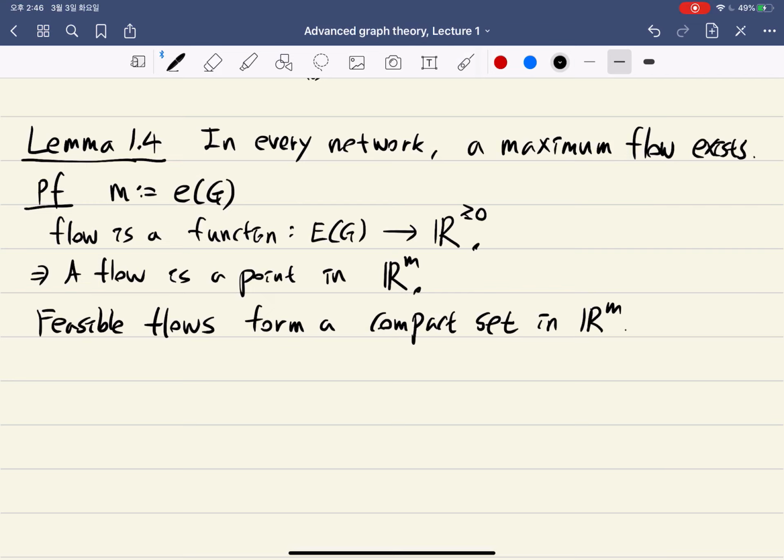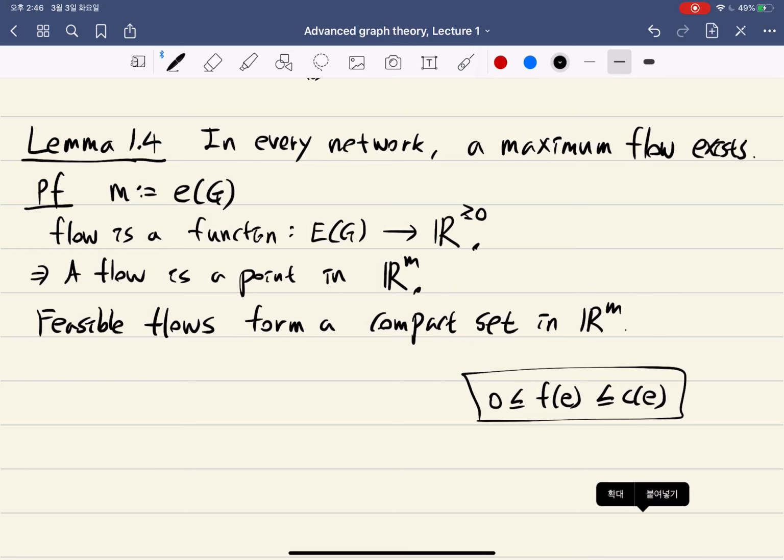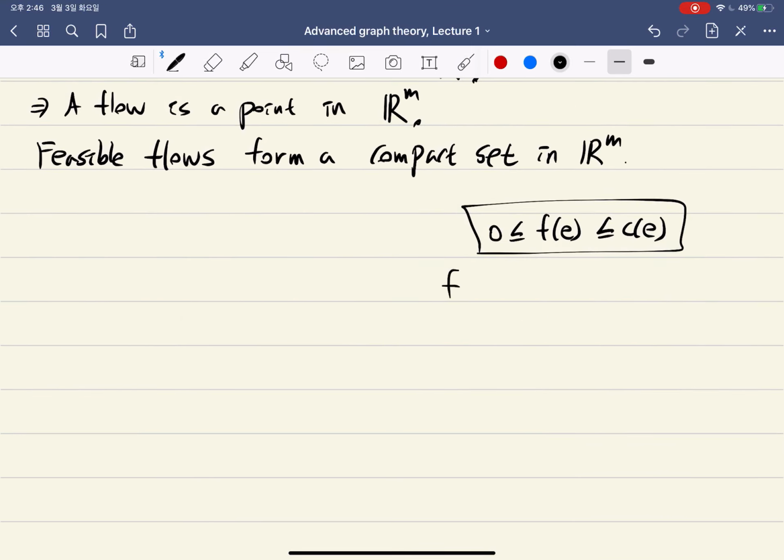Capacity constraints are the ones that say you have to have this inequality. So in other words, you take one coordinate, so let's say the flow is the same as the flow with e.